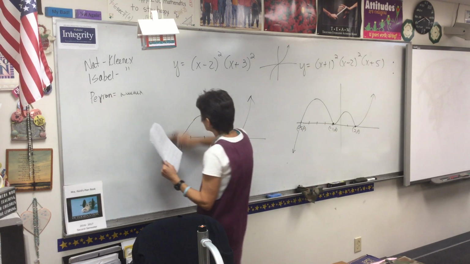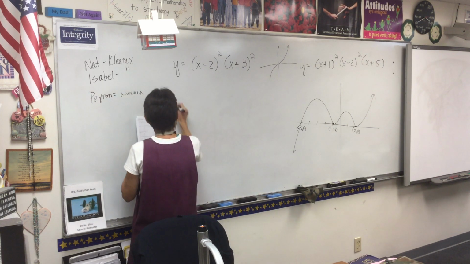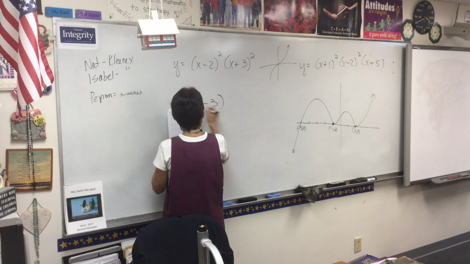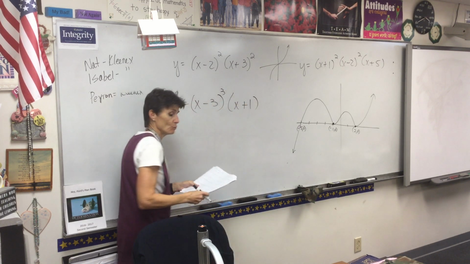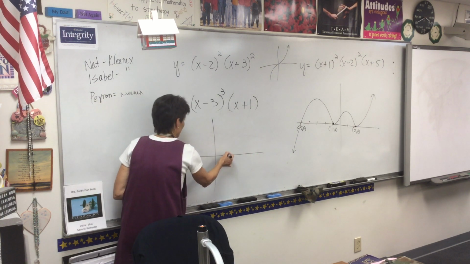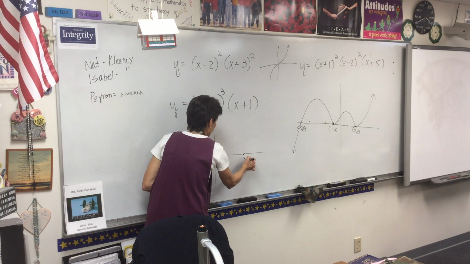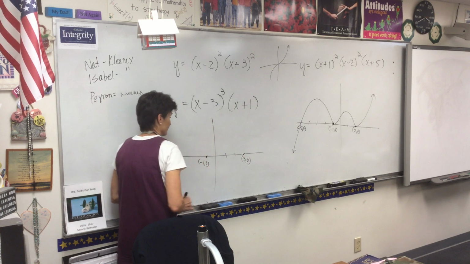Oh Lord, just when you thought it couldn't get any more, look at this one. What's different about this one? It's a cube. So we got a 0 at 3 and a 0 at -1.